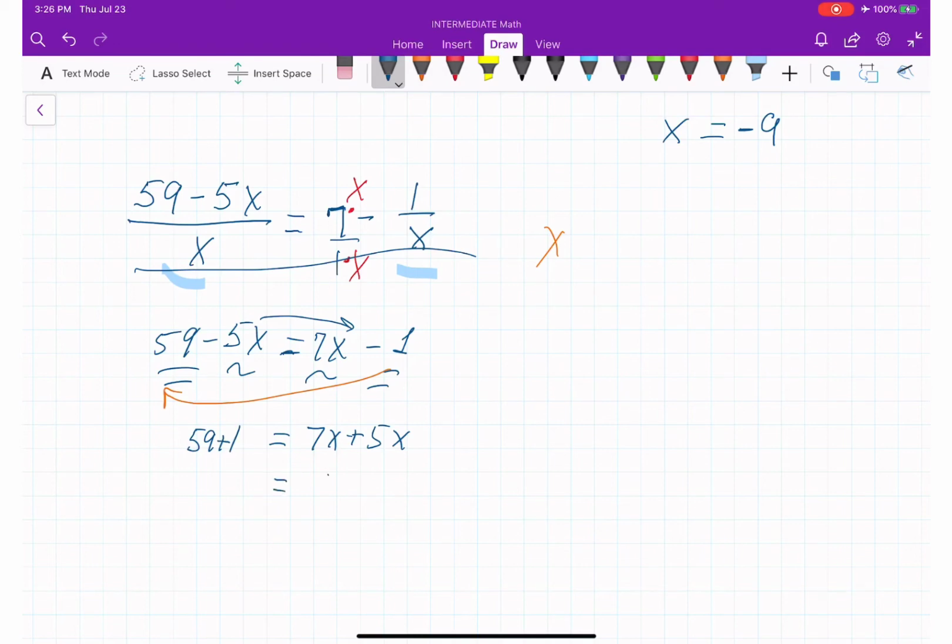So on this side, we get 12x. On this side, we get 60. If we divide by 12 and divide by 12, we are going to get 5, and x is equal to 5. Okay? That's all. Moving to the next question.